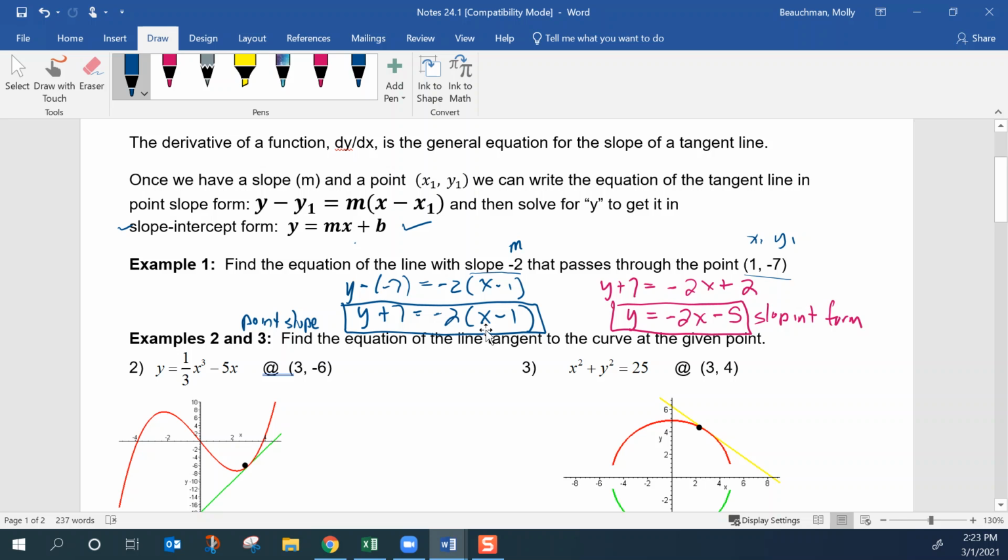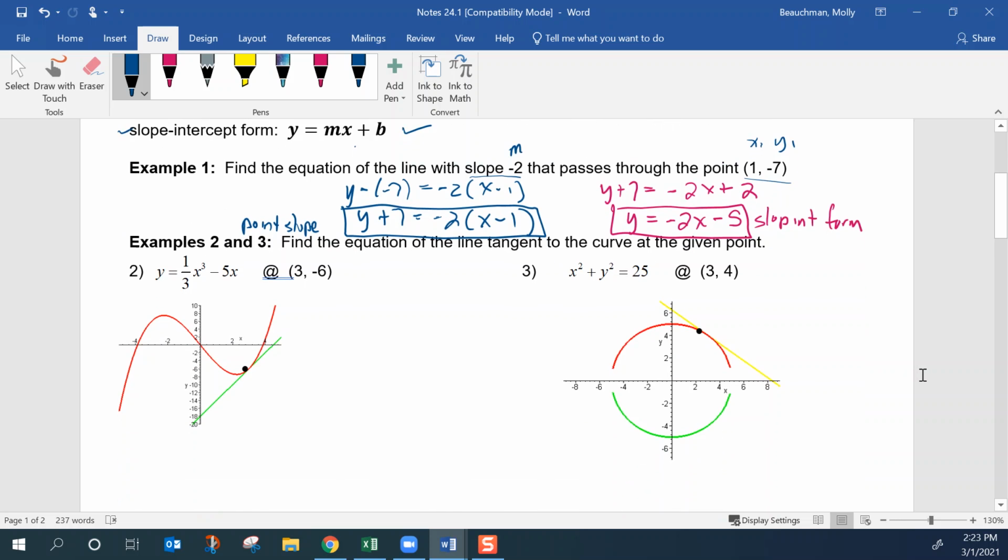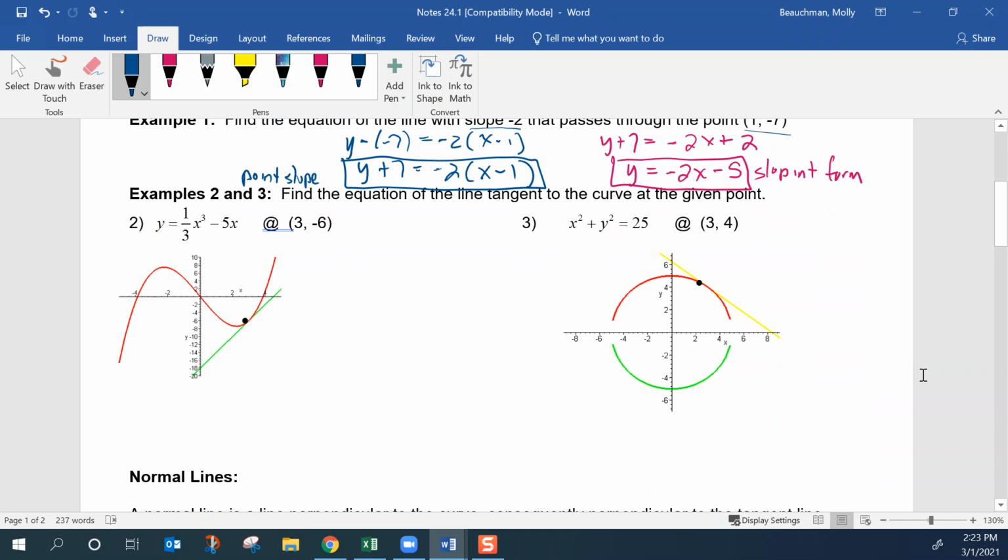All right, so a couple of examples. Let's say we have the function y is equal to 1/3 x cubed minus 5x, and here's our function graphed. We want to find the equation of the line tangent to the curve at the point (3, -6). So we've got half of what we need. Now I need the slope of the line.